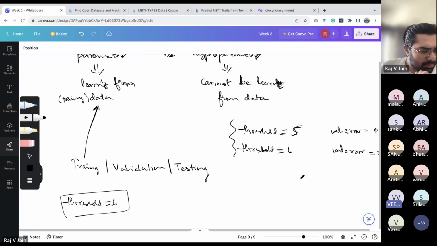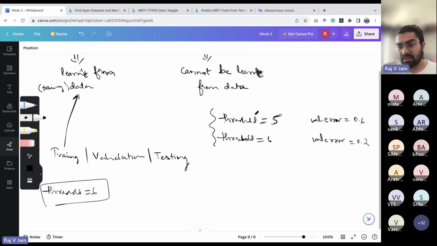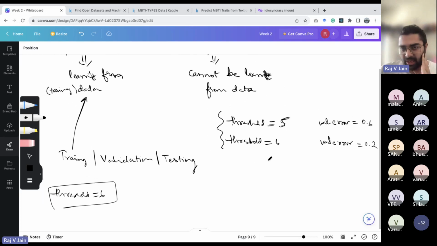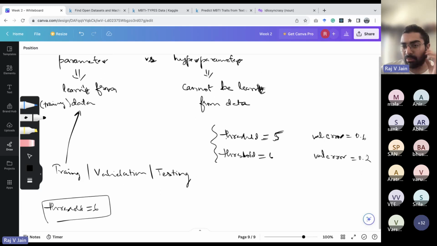Sir, can you repeat the last sentence? Yeah. So what I was saying was that we'll try a couple of values for these hyperparameters, and whichever value gave me the least validation error. In this case, I got a validation error of 0.2 for threshold equal to 6, so I will choose that hyperparameter.